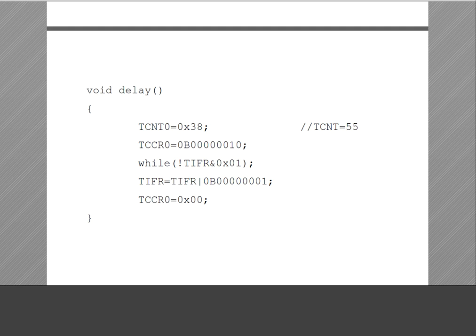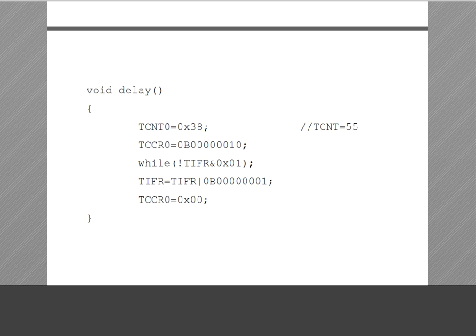By this formula, 56. The previous guess was wrong, not correct. T count is 56.